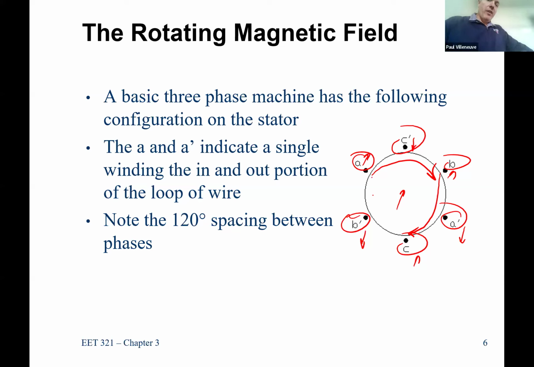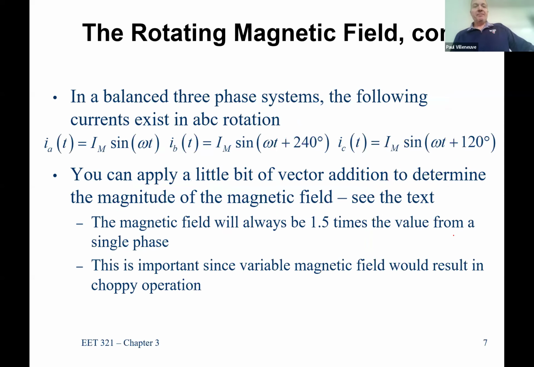Conversely, I can also go in the opposite direction, another 120 degrees to get to my C winding. So this is the key thing about building AC machines. If you want them to operate properly and to look like a balanced load, you have to locate them so that they're spaced 120 degrees apart. The prime winding, you don't have to worry about the prime winding being 120 degrees apart from any of the windings because that's the return path. We're only talking about the one winding that goes out. It's going to be 120 degrees separated from the other 2 windings.